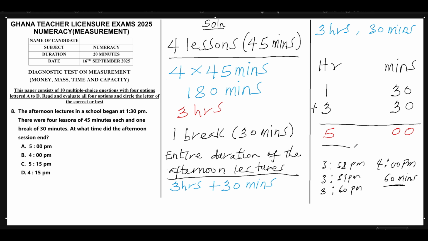So 3 hours, 30 minutes after 1:30 p.m., the time will still be in p.m. So we can conclude that the afternoon section ended at exactly 5 o'clock p.m. Sorry, the right answer is option A.